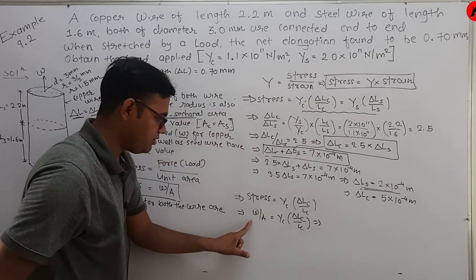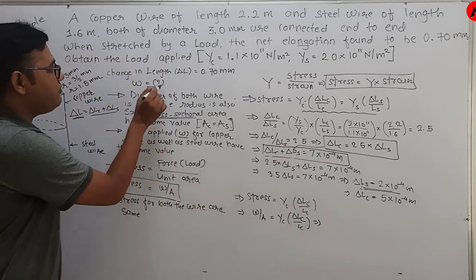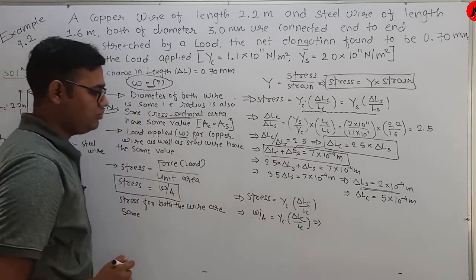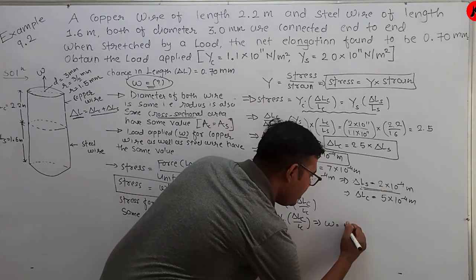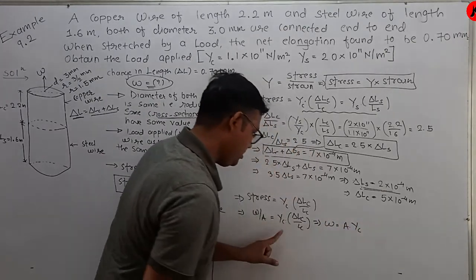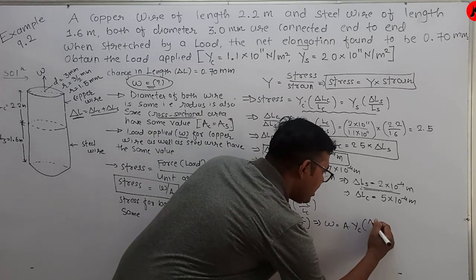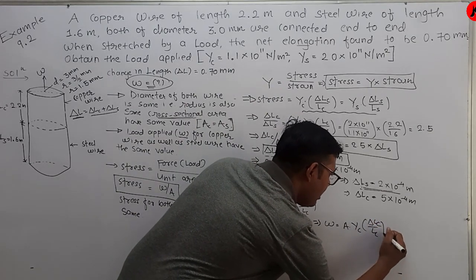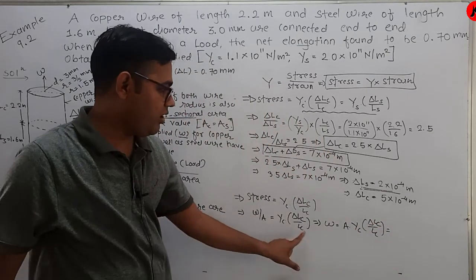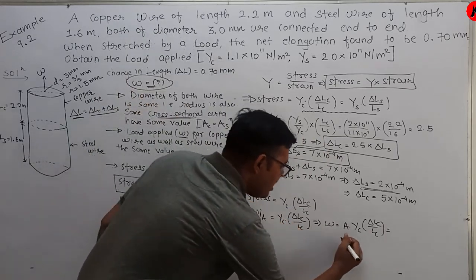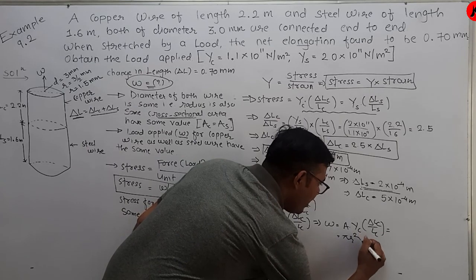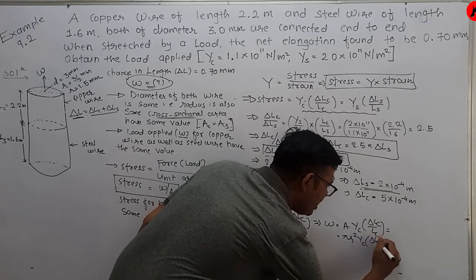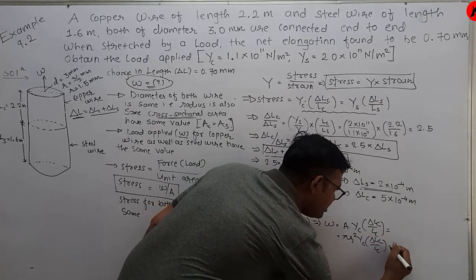From this equation we need to find the value of W. So W is equal to A into YC into delta LC by LC. We have all the values. Area is given by pi r square, into YC into delta LC by LC, right?